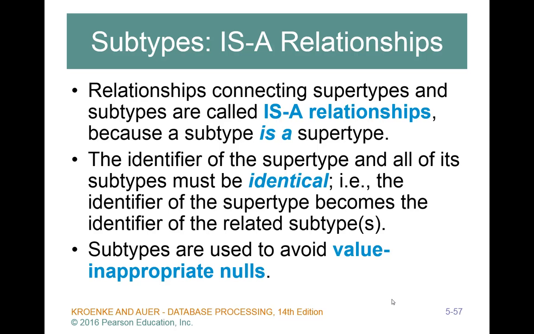Make sure that you understand that the identifier of our supertypes always become the identifiers of our subtypes. Essentially, what subtypes help us avoid, remember we talked about the common design problem of null values or inappropriate nulls. This can help us really put valuable data in when needed.